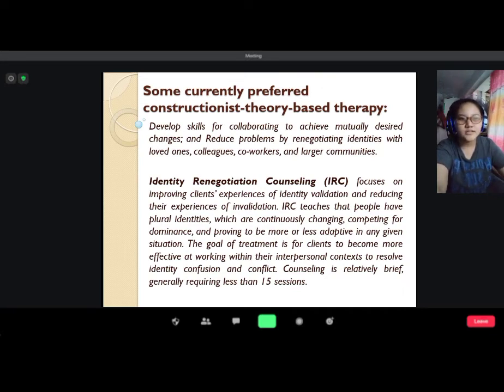In the identity renegotiation counseling, I think the goal is to support the people in understanding the people's problem, and also to have a plan for organizing the helping processes.